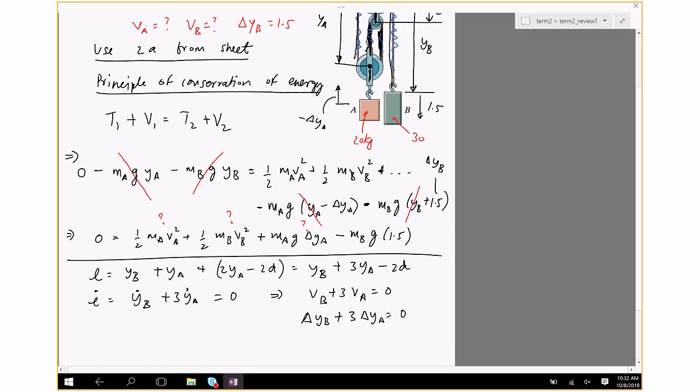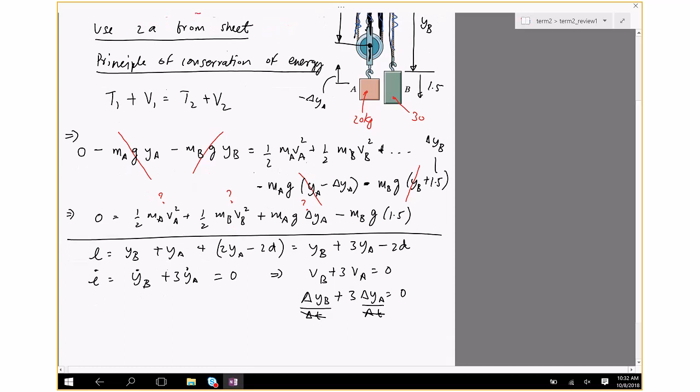And that's because y_B dot is delta y divided by delta t, and that delta t just cancels off. So the first relation gives me the rate of change of velocities, how they're related. The second one gives how displacements are related.